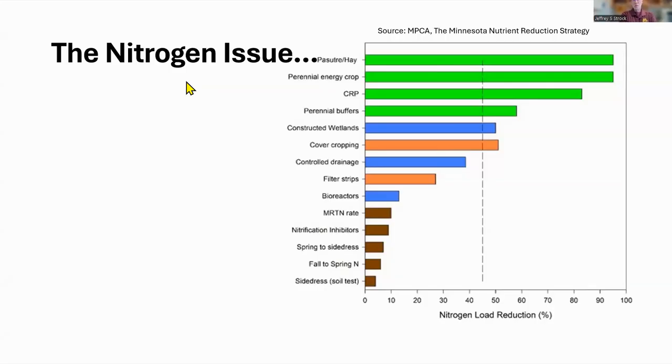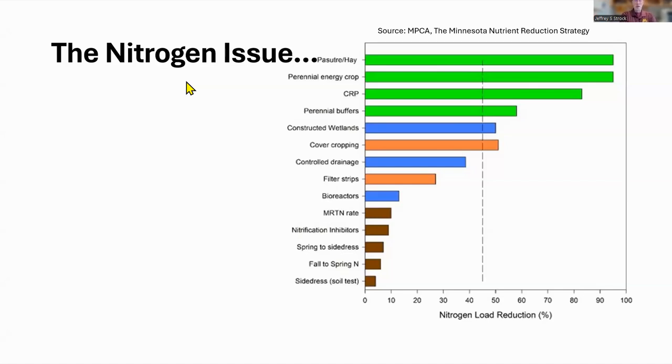You might recall Brad was talking about nitrogen management, for example, and those are all the ones that you can see on that slide that are in brown. We can achieve some nitrogen reductions by looking at inhibitors, side dressing, and switching from fall to spring.